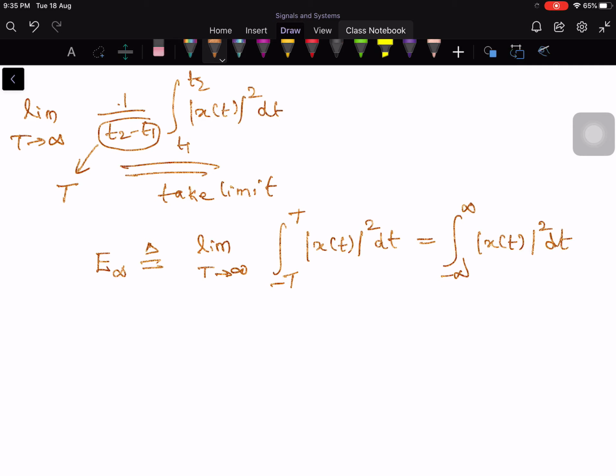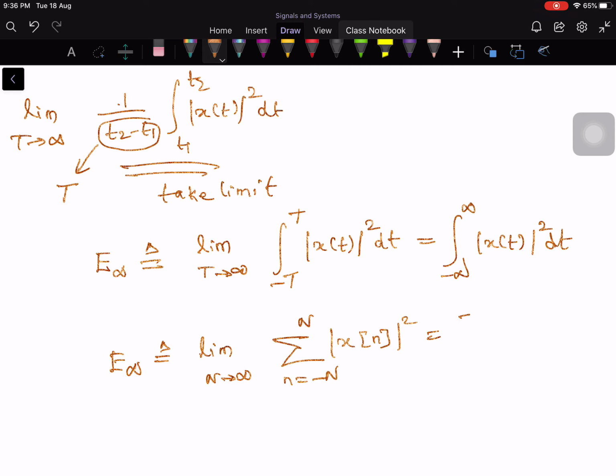Similarly, in the discrete time domain, energy over an infinite interval is the limit, let's say capital N goes to infinity, of the sum from n equal to minus N to plus N of x of n, take modulus and square it.